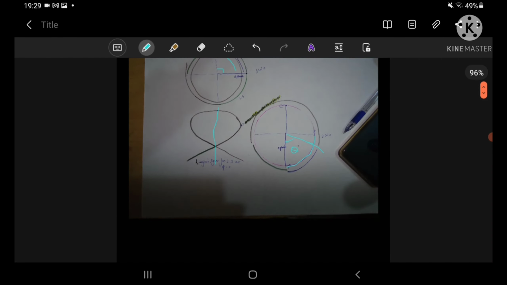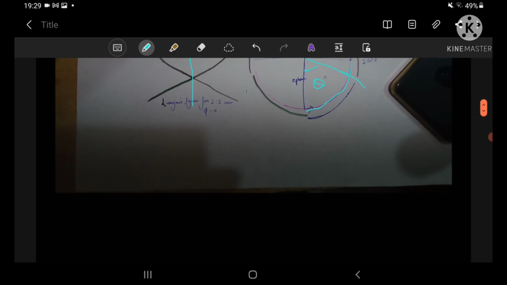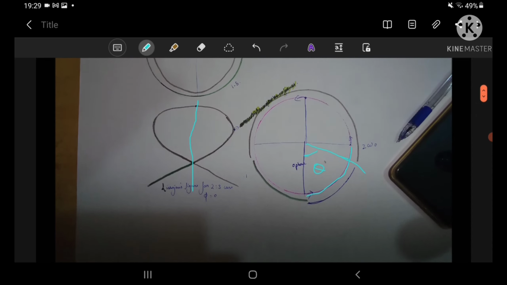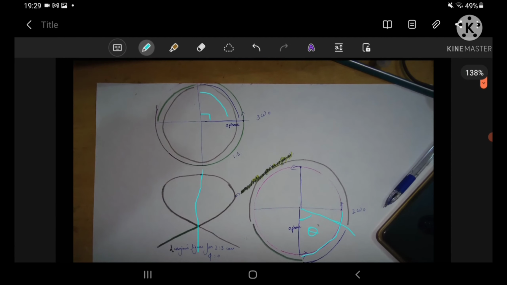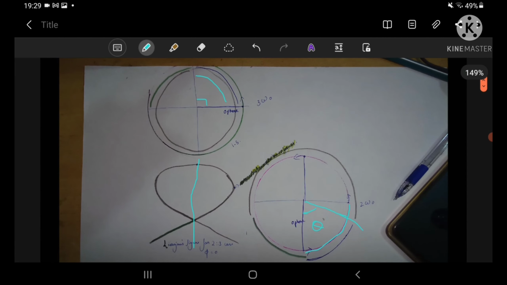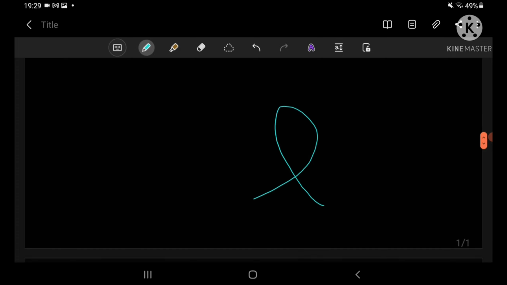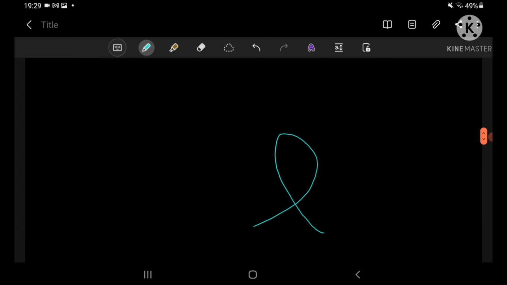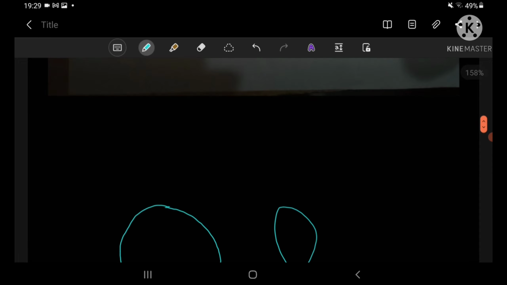Now let's do the same exercise, as in, take the mirror. I will take the mirror and draw it below this figure. Let's do it. So this will be the Lissajous figure, and this is one of the phasors, and this will be the other phasor.